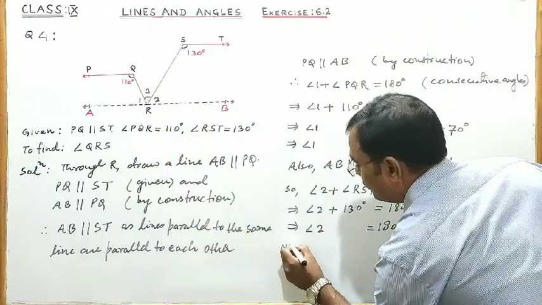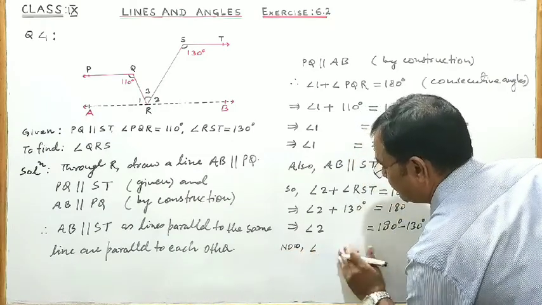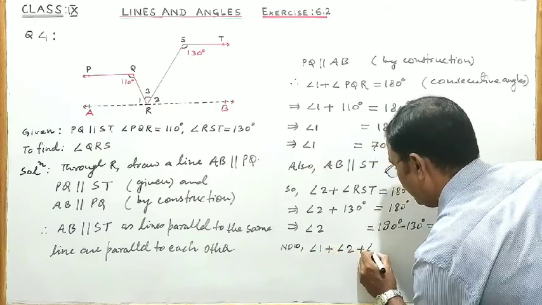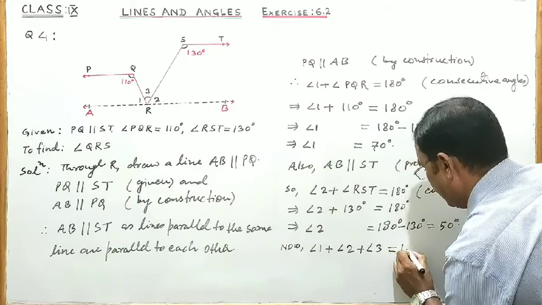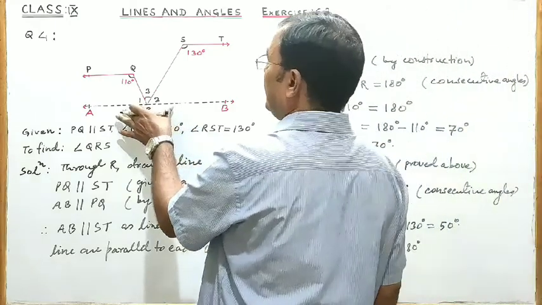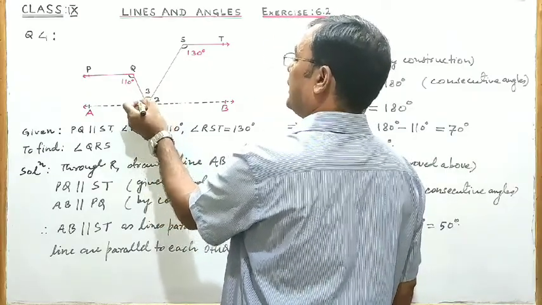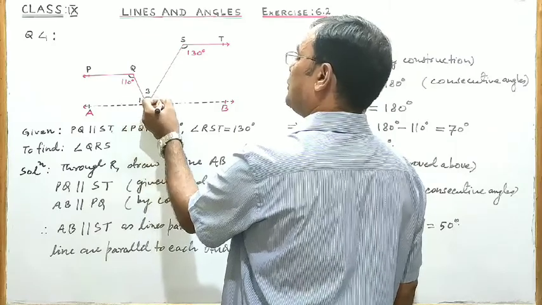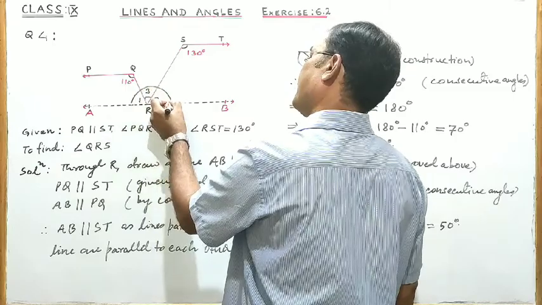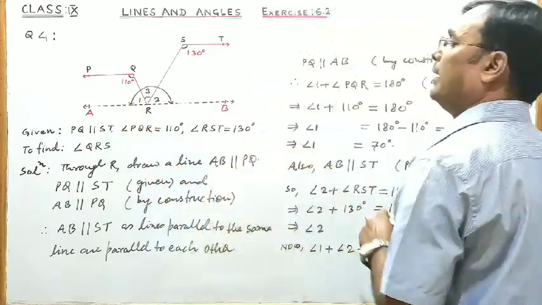Now angle 1 plus angle 2 plus angle 3 is equal to 180 degrees. Here AB is a straight line drawn through this point R. Angle 1, angle 2 and angle 3 together make a straight angle.